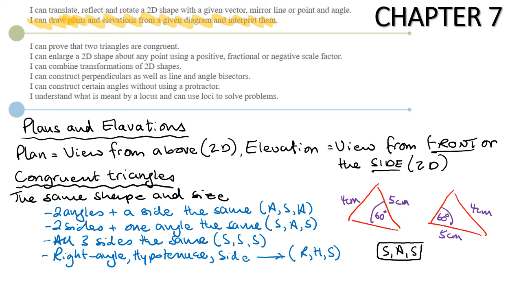So now we've shown that we can prove two triangles are congruent. So we've done this bit here at the top. We've done the enlargement. Combinations, well, that's just doing more than one enlargement together. So now we've got a few others at the bottom to finish off.